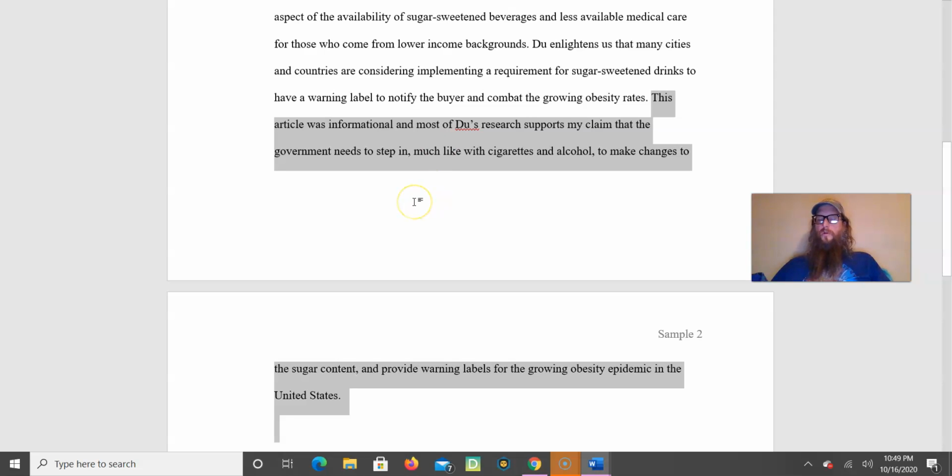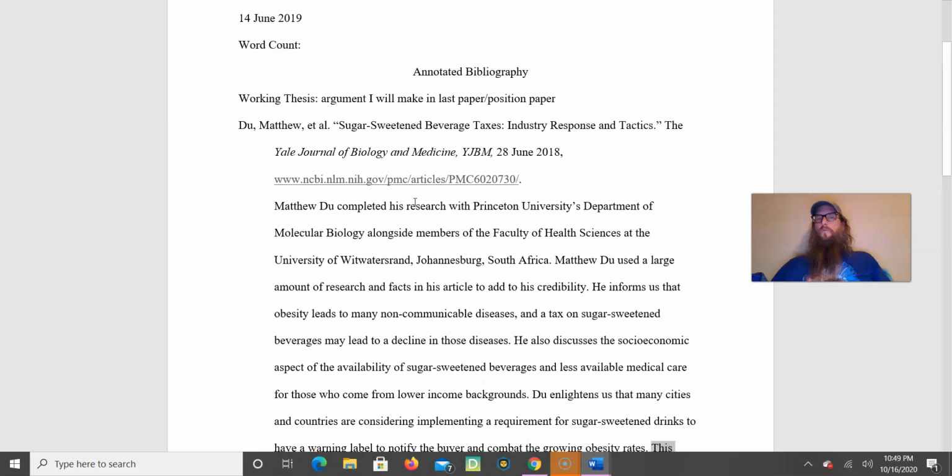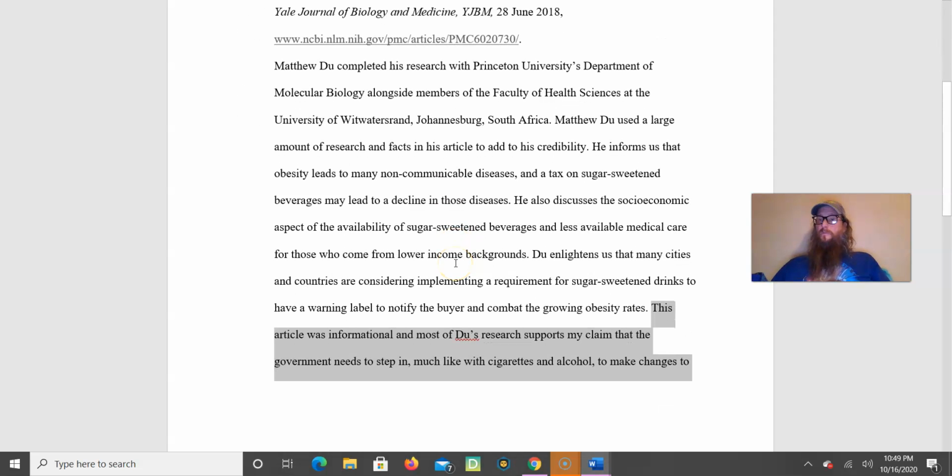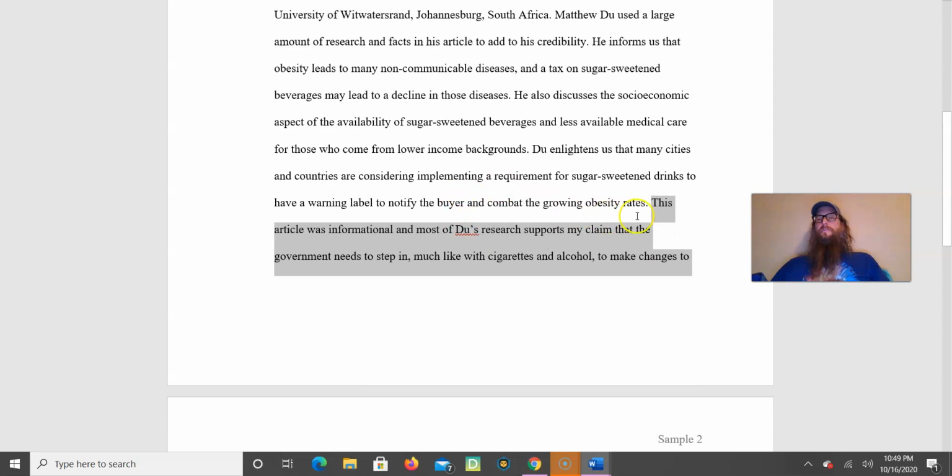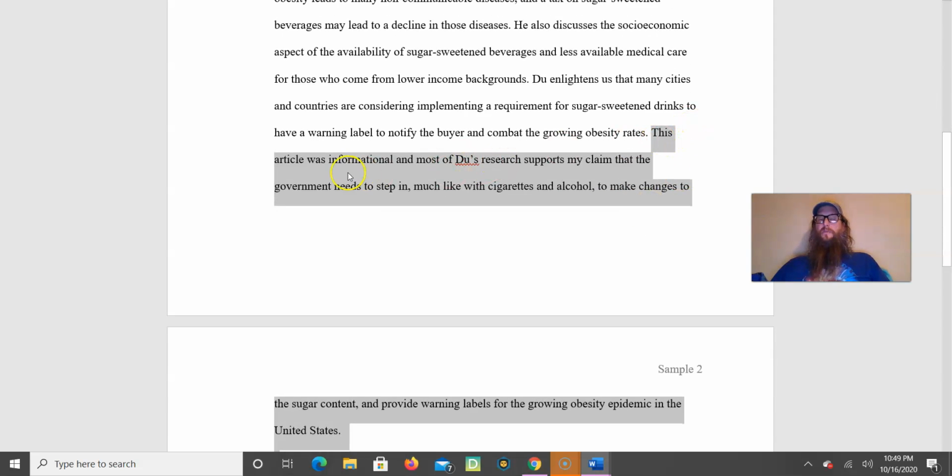One of the points of this assignment is for you to plan ahead and think about what that last paper is going to look like. Why is this relevant? How might I use this to help make my argument? Is this facts to help them understand the topic in general, or is this something I can use that's persuasive, right?